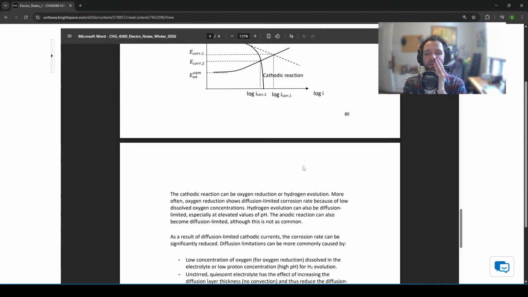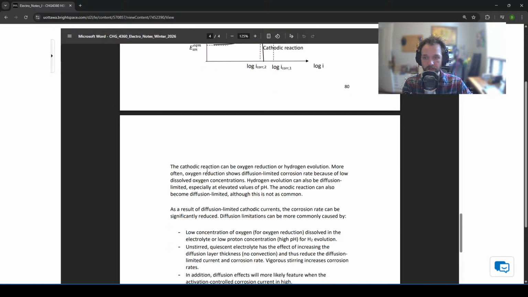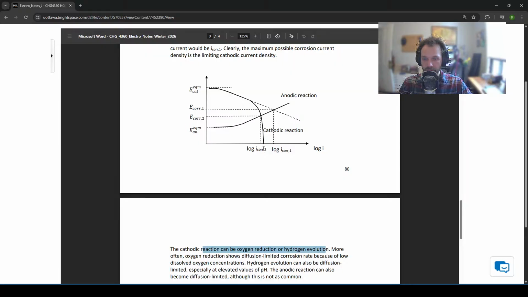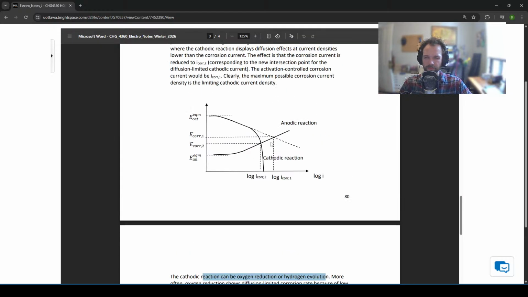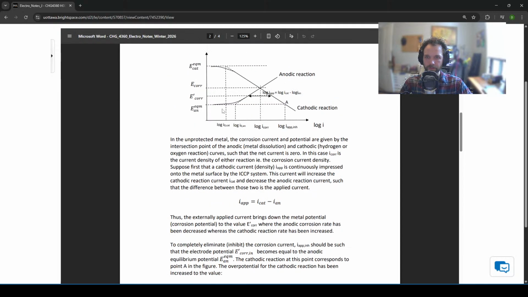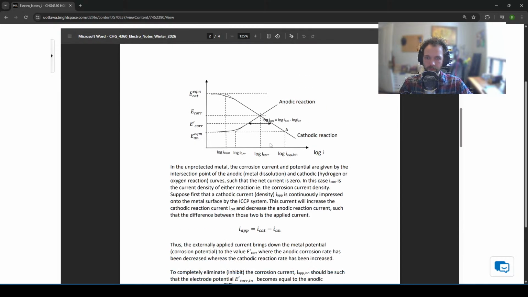Clearly, the maximum possible corrosion current density is the limiting cathodic current density. The cathodic reaction can be oxygen reduction or hydrogen evolution. This is the cathodic, yes. What was our cathodic thing up here? Anodic. Right, we don't want the anodic reaction to happen because anode is oxidation.